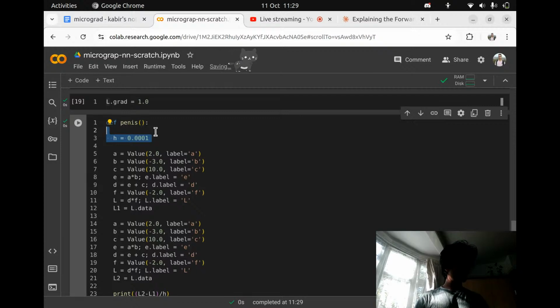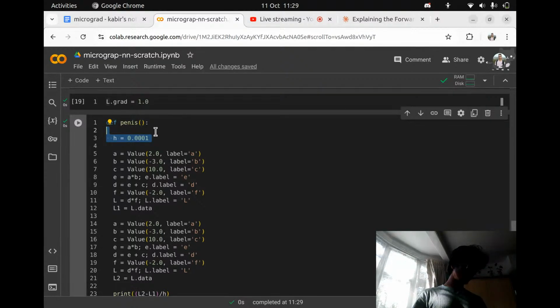We'd like to know, basically we have that L is D times F, and we'd like to know what is dL by dD. What is that? And if you know your calculus, L is D times F, so what is dL by dD? It would be F. And if you don't believe me, we can also just derive it because the proof would be fairly straightforward.